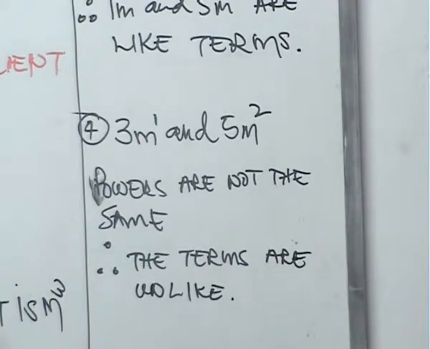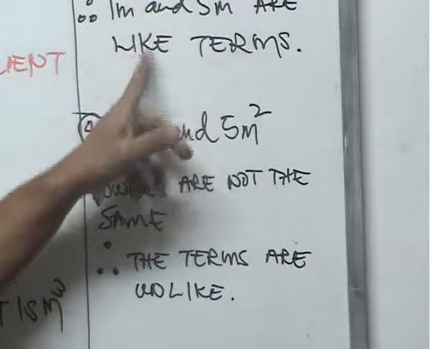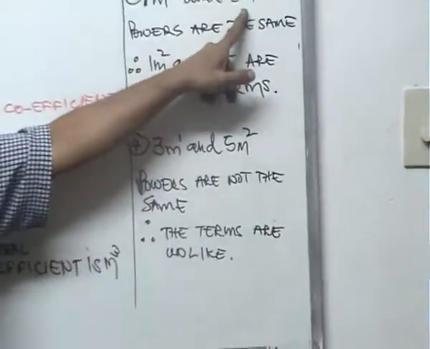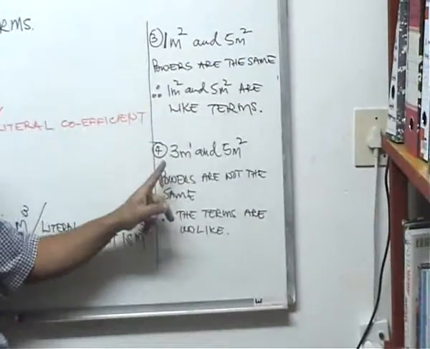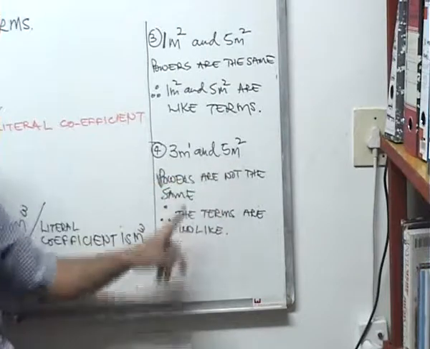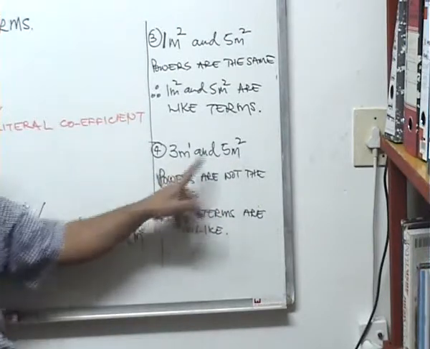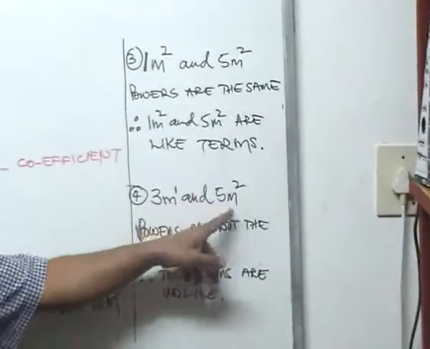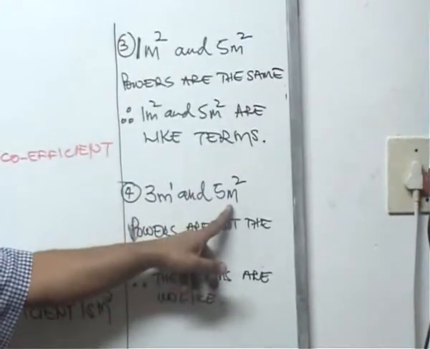So, we say that terms are like terms if their powers are exactly the same. We say that terms are not like, or terms are unlike, if their powers are different. Alright?